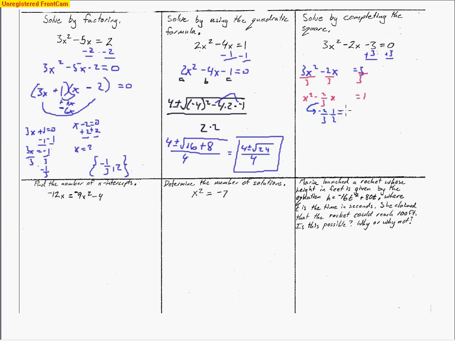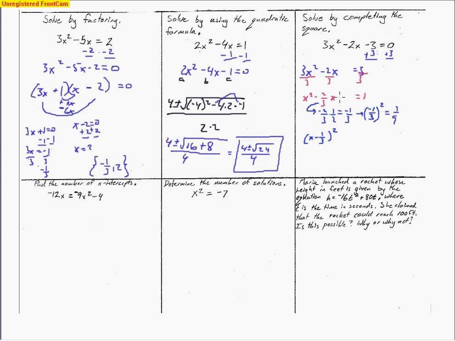You end up with a -1/3. So that is the number that goes inside the set of parentheses. So x minus 1/3 quantity squared. But I have to take that number and square it because I need to find out what makes that factored form. So the last terms need to multiply together, and you end up with 1/9.